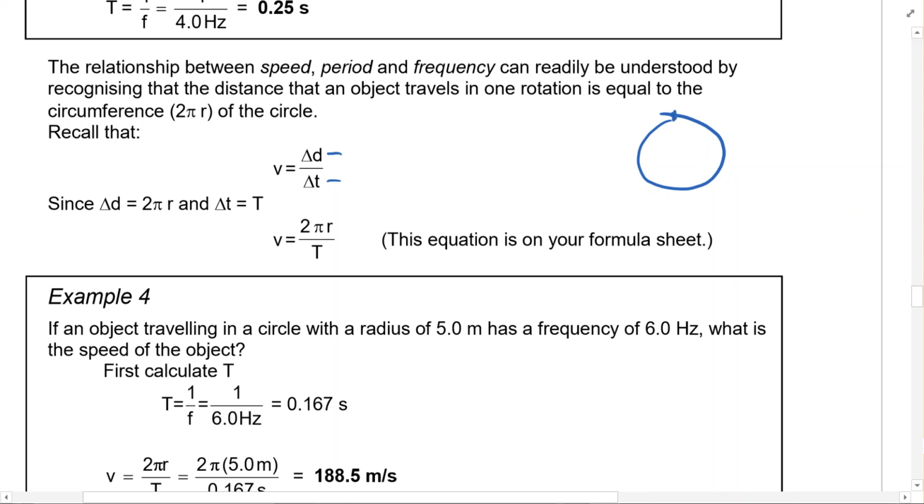If you started here, it'd be the distance all the way around, your circumference. The circumference of a circle is 2 pi r. And your time to go all the way around, we just described that as period, the amount of time to go from where you started and back again. So capital T. That's how we come up with this.